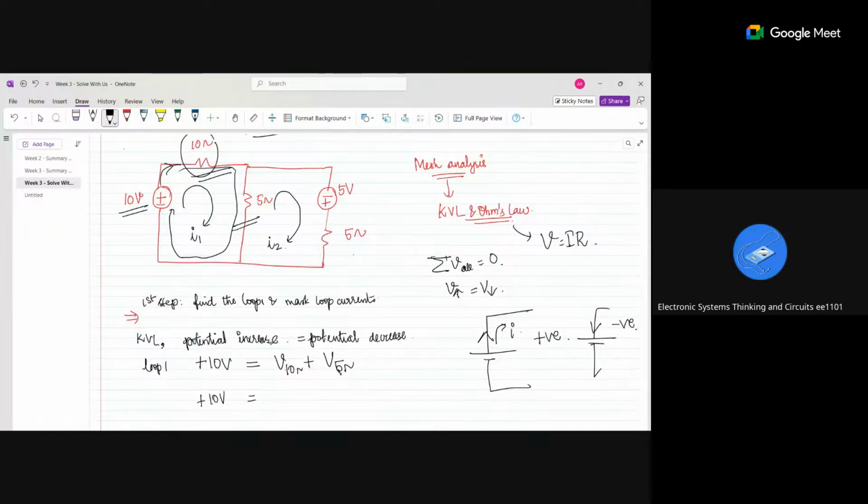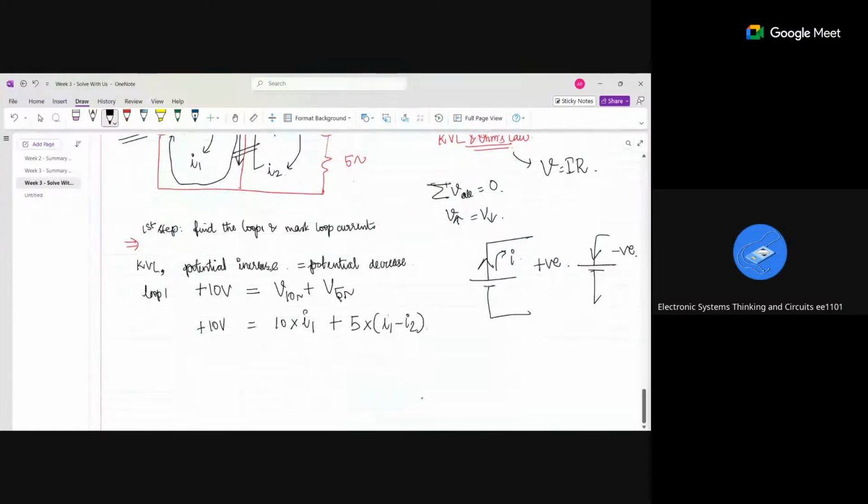So V across the 10 ohm: V is equal to IR, the resistance is 10 and the current flowing through the 10 ohm is I1, so 10 I1, plus V across the 5 ohm. The resistance is 5. What about the current flowing through this 5 ohm? I1 is flowing in this direction and I2 in this direction, so the current is I1 minus I2.